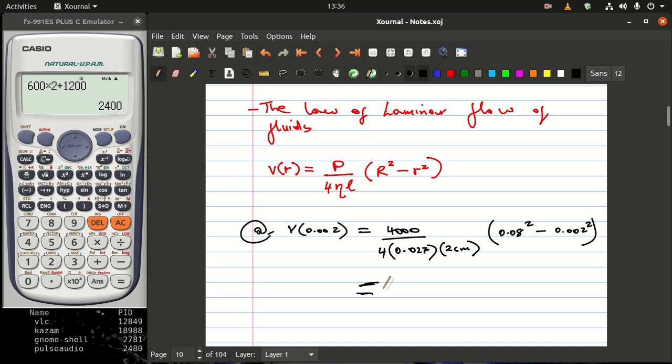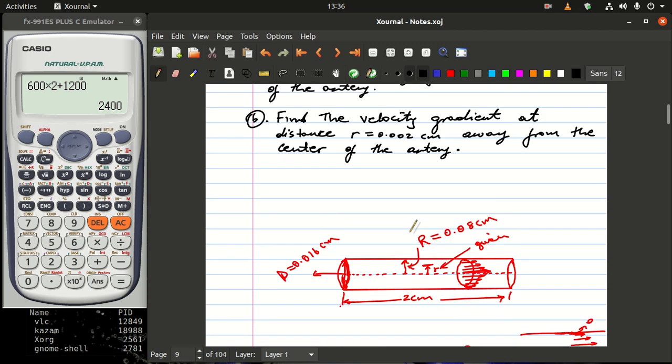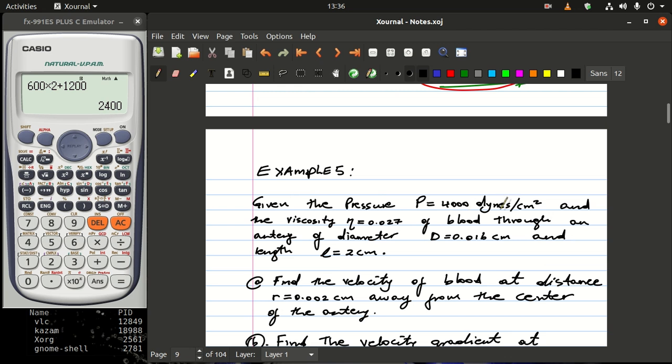One thing I want you to notice here is that 4,000 was given in dynes per centimeter squared. Dynes is fine if we are using centimeters, but if we want to use newtons, we would have to use meters.